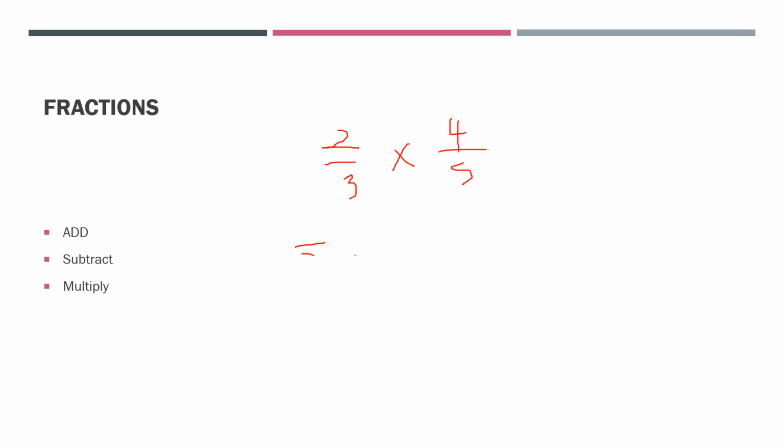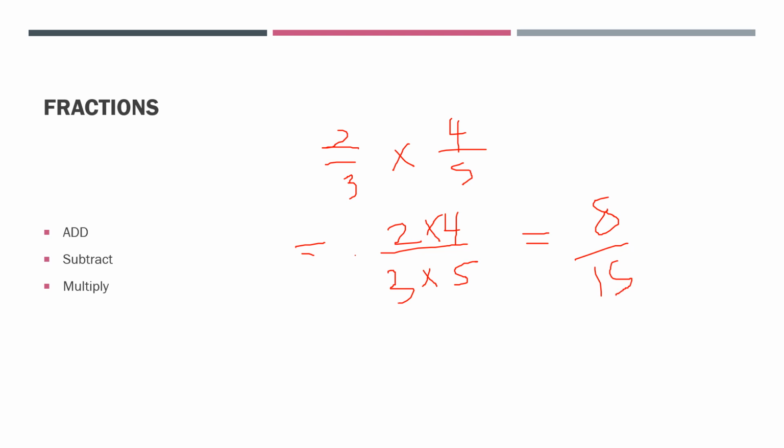We're going to multiply the ones that are the numerator, and then we're also going to multiply the denominators. So the numerator is going to be 2 multiplied by 4, and then the denominator is going to be 3 multiplied by 5. Then 2 multiplied by 4 is going to be 8, and 3 multiplied by 5 is going to be 15. So this is going to be the answer.